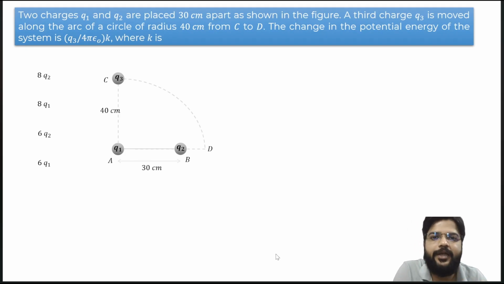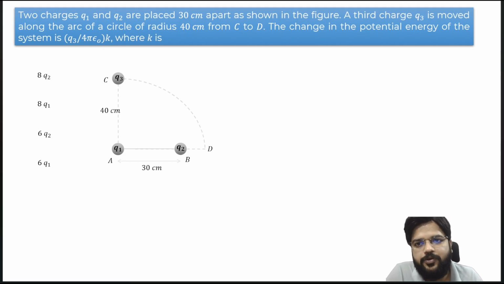Two charges Q1 and Q2 are placed 30 centimeter apart as shown in the figure. A third charge Q3 is moved along the arc of a circle of radius 40 centimeter from C to D. The change in potential energy of the system is Q3 by 4 pi epsilon naught K, where K is what? In this question we want the K value, everyone, and K is not the Coulomb constant here. Keep this in your mind, everyone.